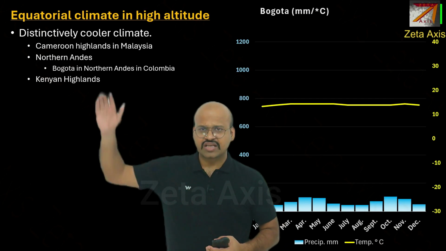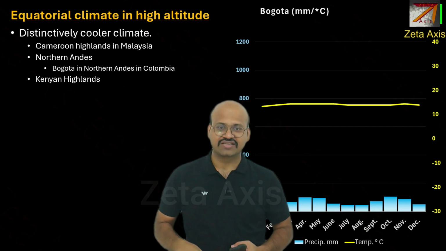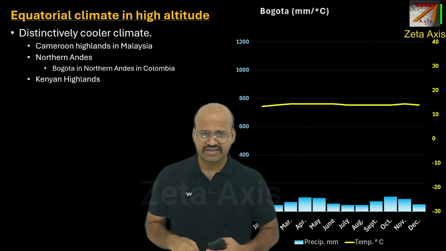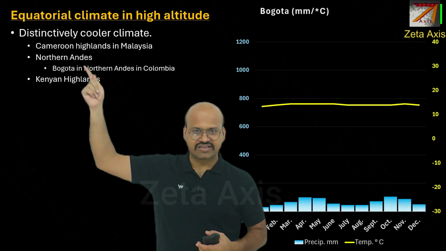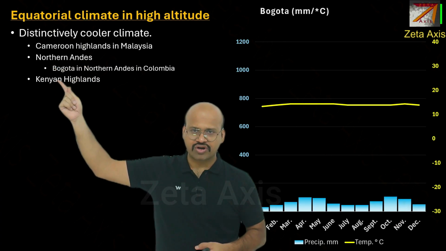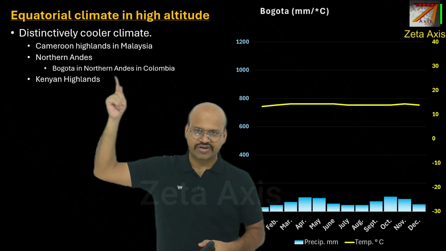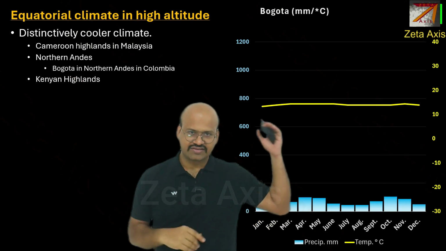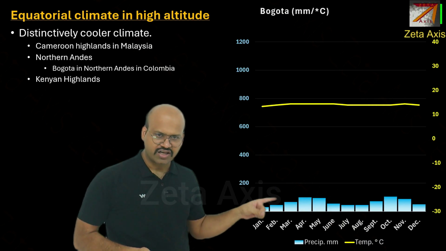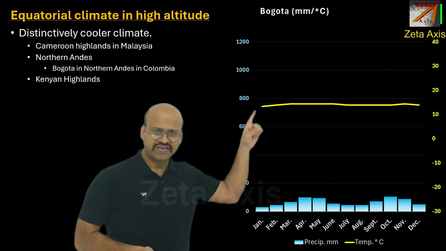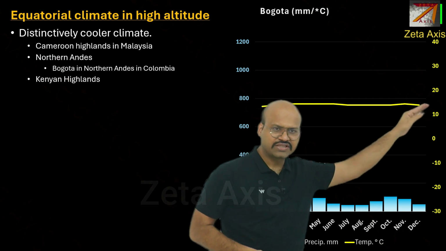Now let's see the equatorial climate in high altitude regions in the equatorial belt. There are certain regions with high altitude, like the northern Andes in South America, where we have Bogota, the capital of Colombia. It is located in the northern Andes, and here is the temperature and rainfall chart. You will see that the rainfall is lesser and the temperature is much cooler.